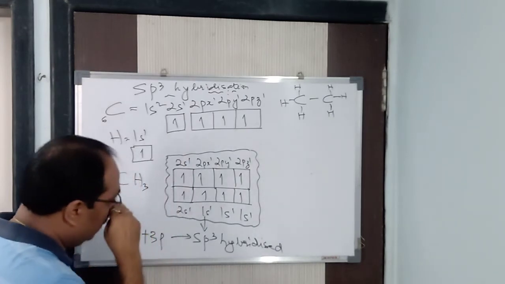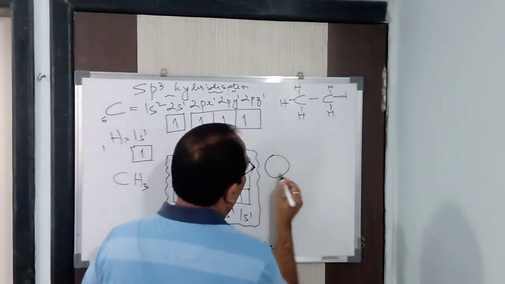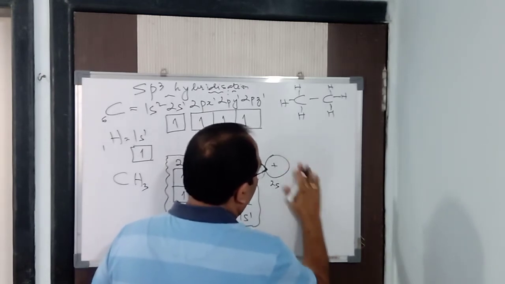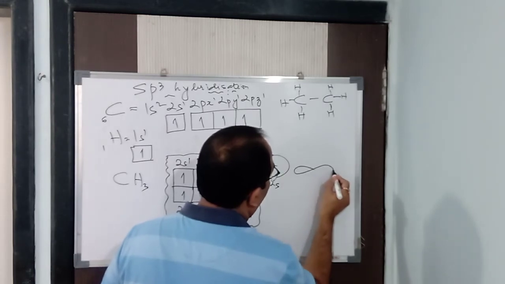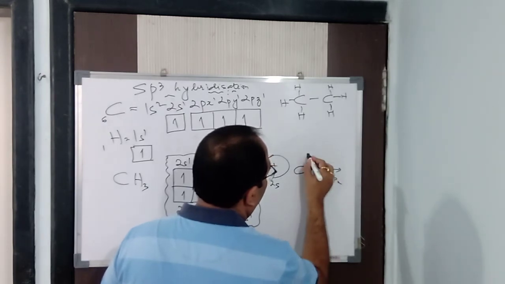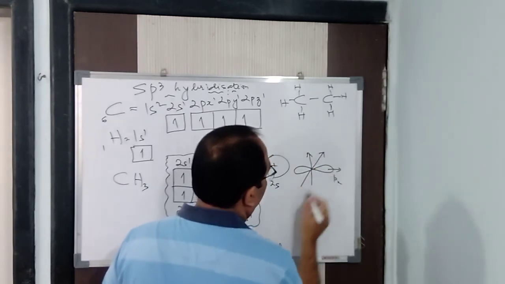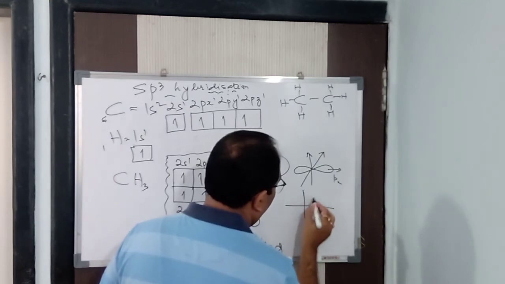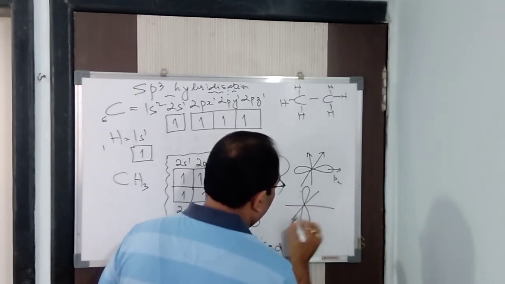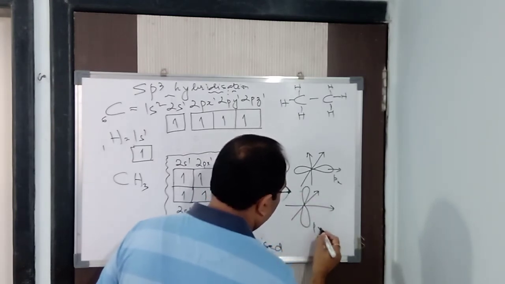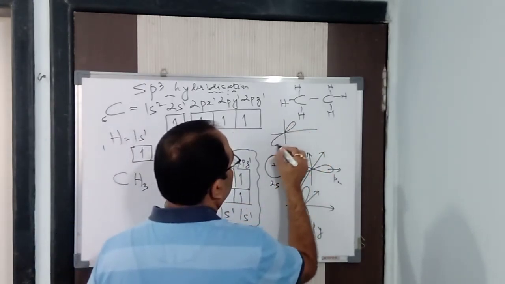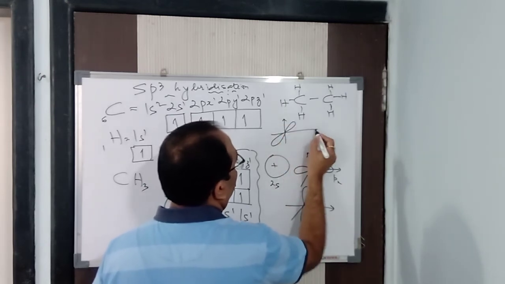Now which are the subshells participating in hybridization? You can see this is your 2s, then this is your px, this is your py, and this is pz.